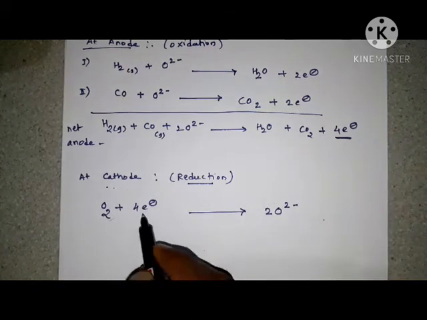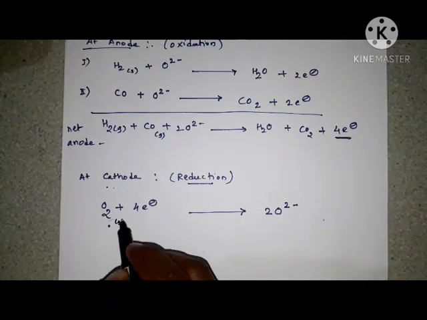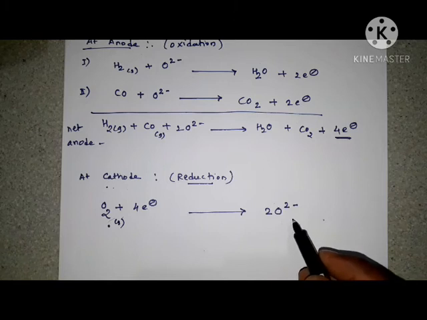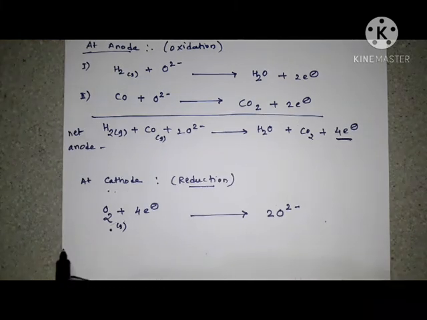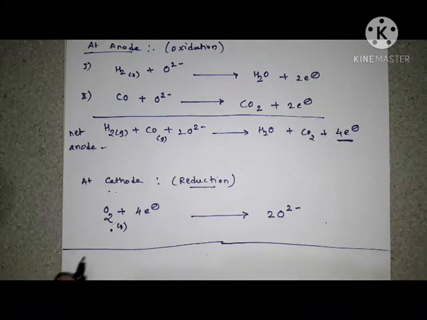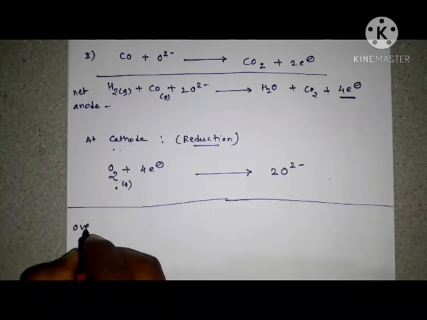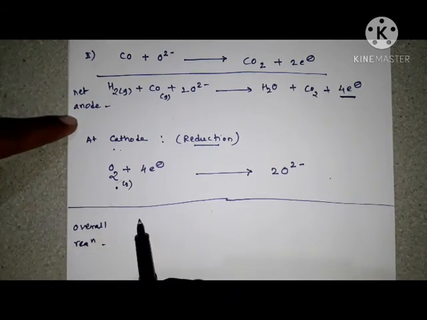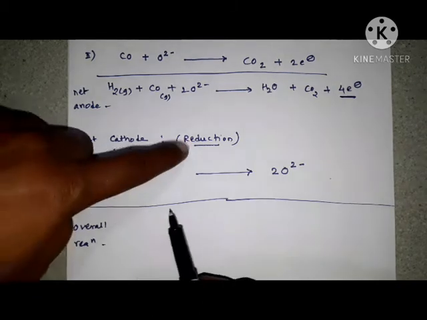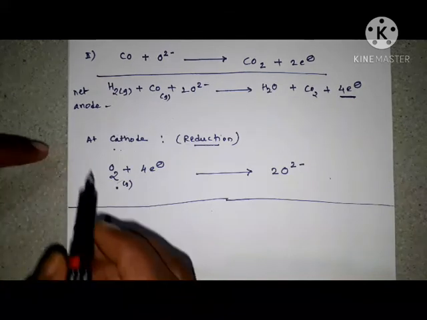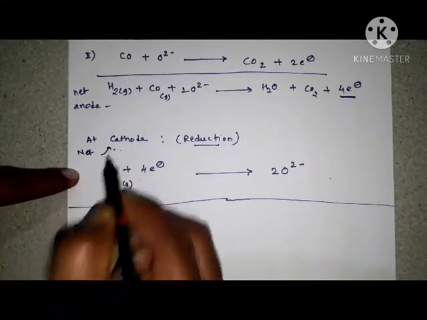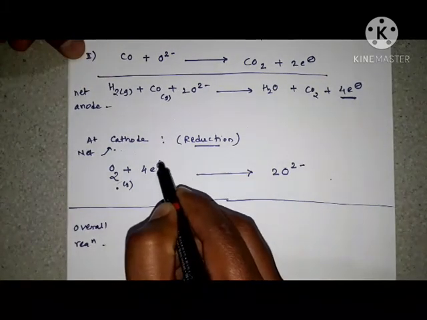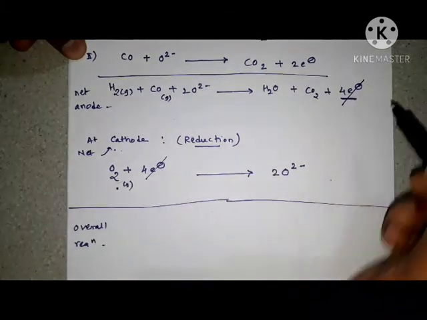So this is the reduction reaction occurring at the cathode. These 4 electrons are gained by oxygen gas, and 2 oxide ions are formed. So how to write the overall reaction? The overall reaction is obtained by using the net anode reaction and the net cathode reaction. First of all, cancel the 4 electrons on the left and right side.